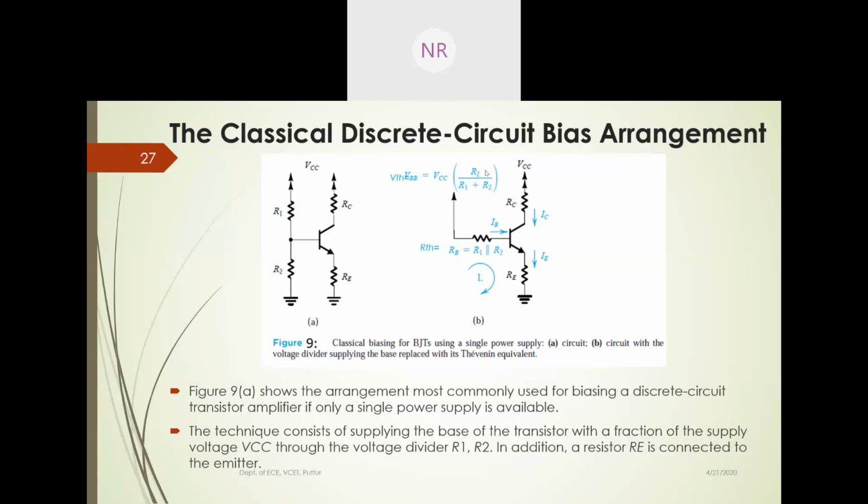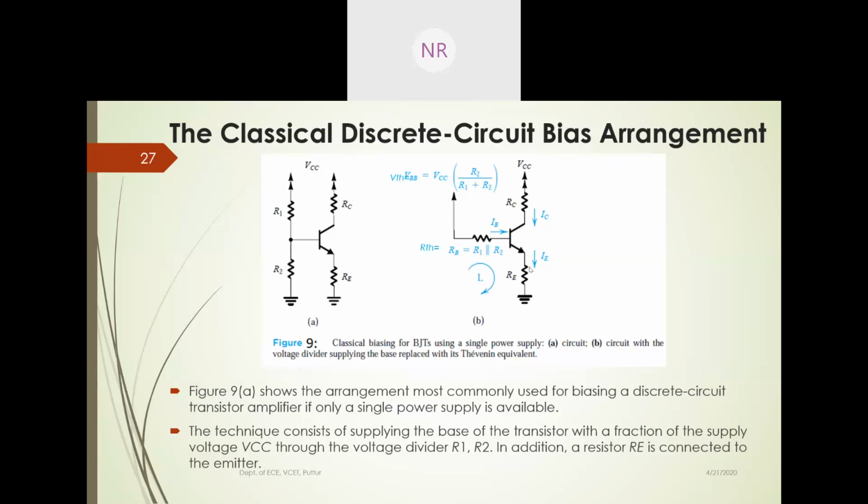So it is VCC into R2 divided by R1 plus R2, and the equivalent resistance will be R1 parallel to R2. And this is the current flowing in the collector terminal, the current flowing in the emitter terminal, the current flowing in the base terminal. So you are going to calculate what is the amount of IB flowing, what is the amount of IE flowing, and what is the amount of IC flowing. IC is nearly equal to the IE value.